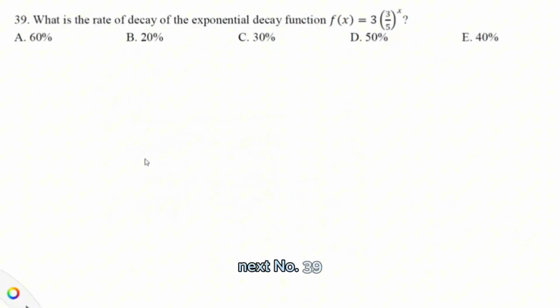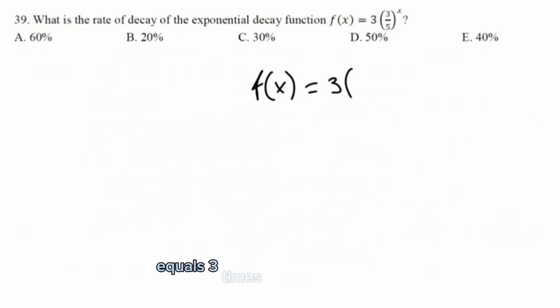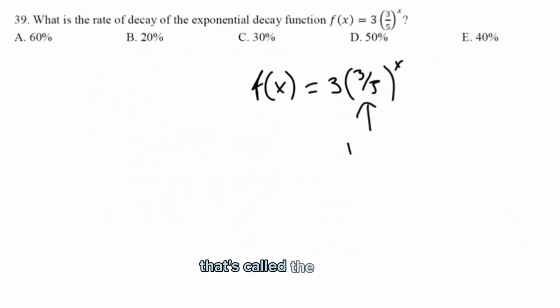Next, number 39. What is the rate of decay of the exponential decay function f of x is equal to 3 times 3/5 to the x? Alright, so we have f of x equals 3 times 3/5 to the x, correct? So this number inside the parentheses, that's called the factor.